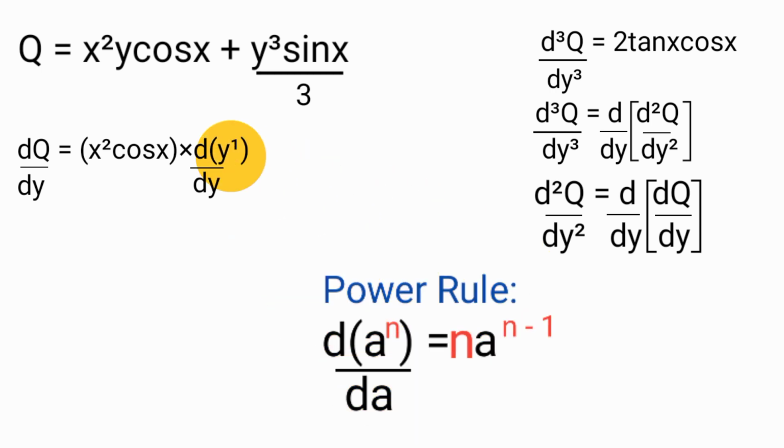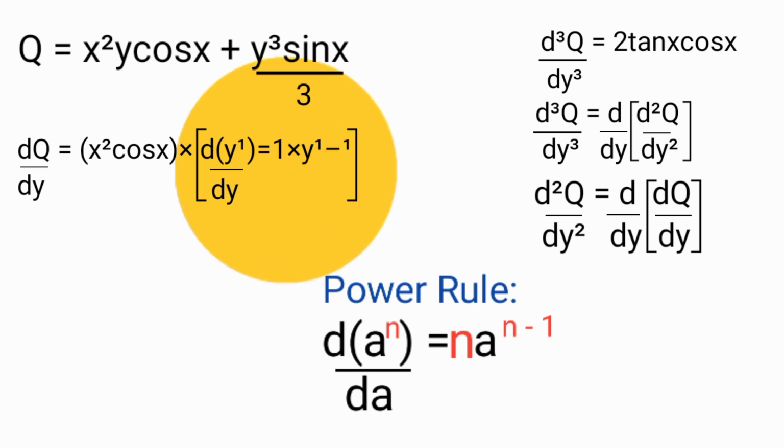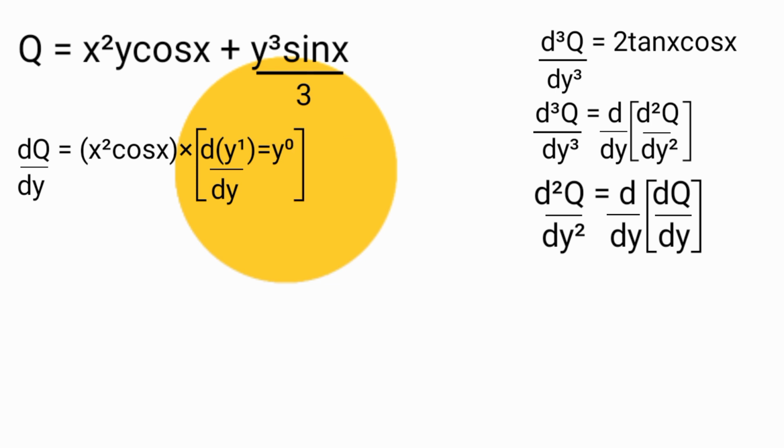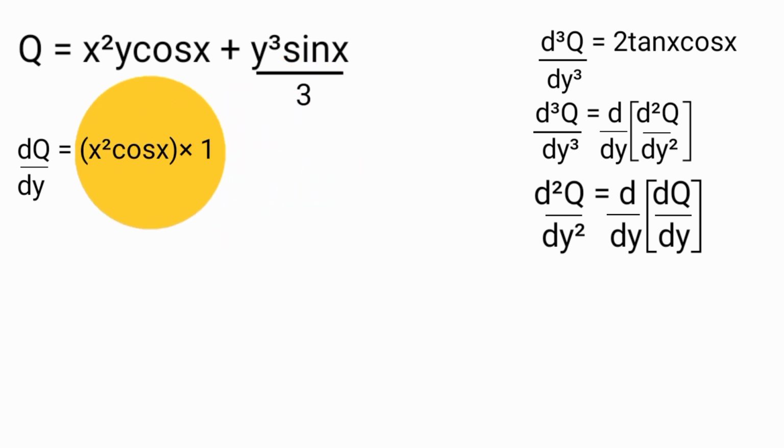So applying the power rule, the differential of y raised to power 1 is 1 times y power 1 minus 1, which is equal to y power 0, and anything raised to power 0 is 1. So now 1 times x squared cos x is x squared cos x.